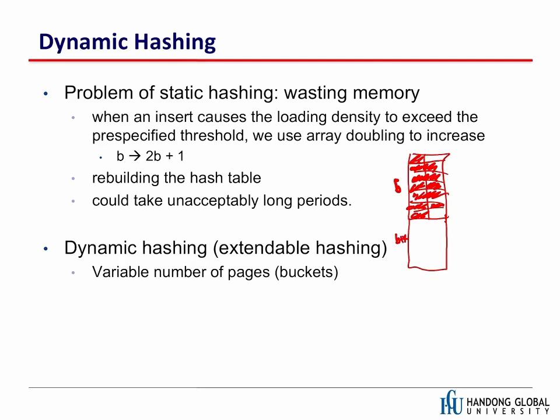So here's the problem. We increased the size of the hash table. Then what about the identifiers that are already distributed in the hash table? Now that we increased the table, we have to rehash all these identifiers. Why is that?